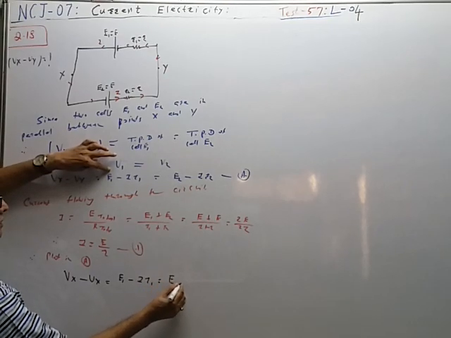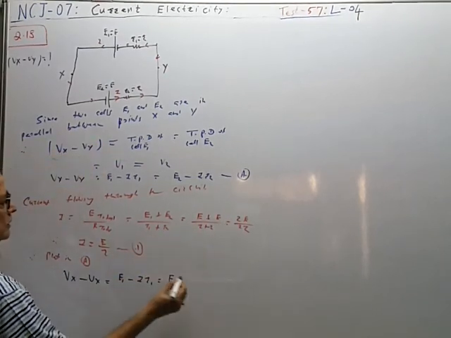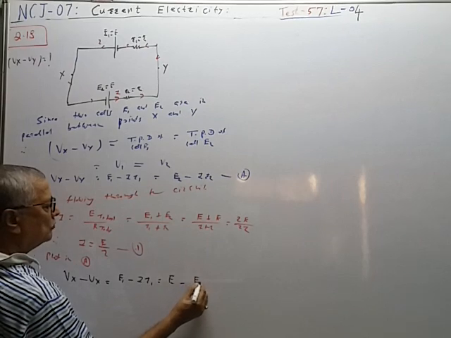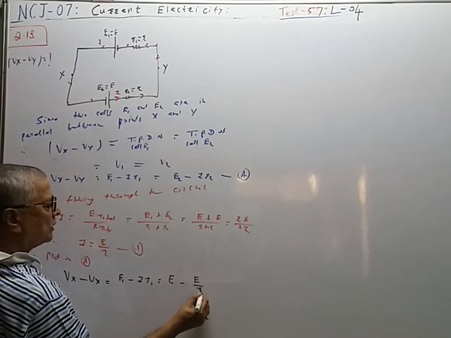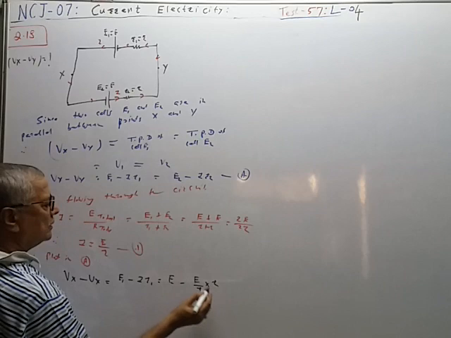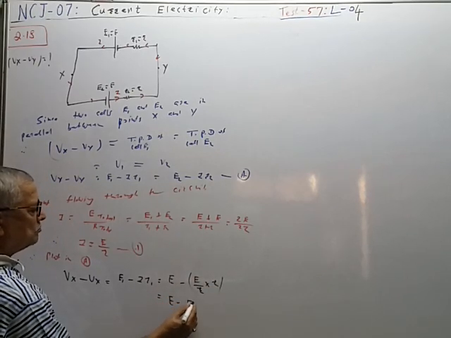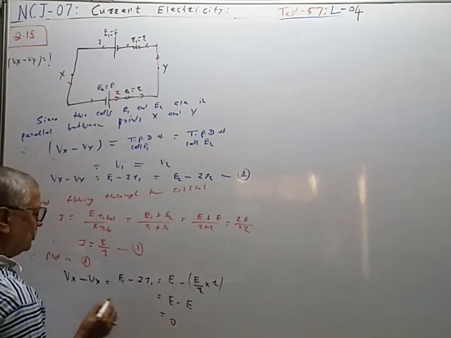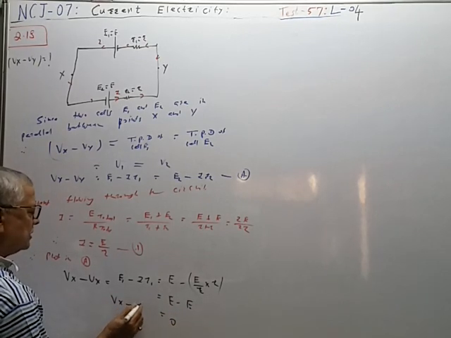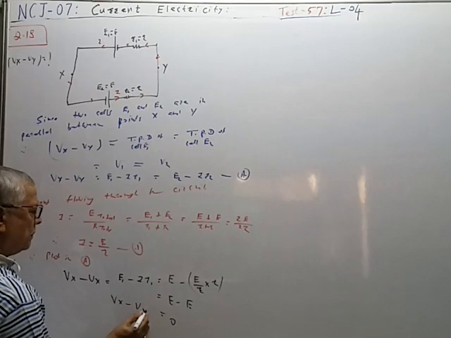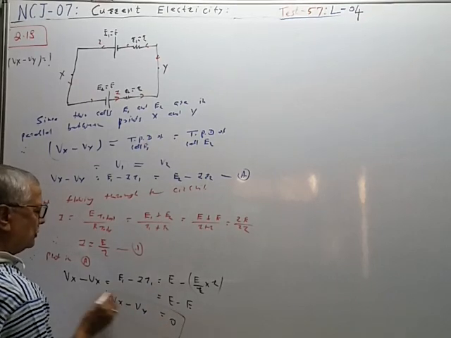E1 is equal to E minus I की वैल्यू E टाकली, E upon R multiplied by R. So R will get cancelled. So E minus E is equal to 0. So Vx minus Vy is equal to 0.